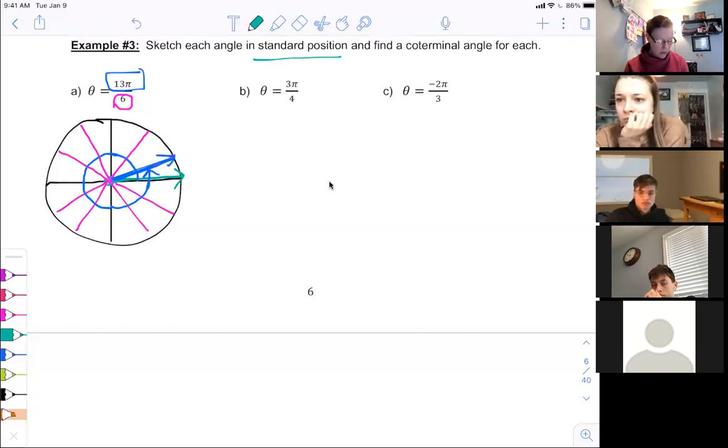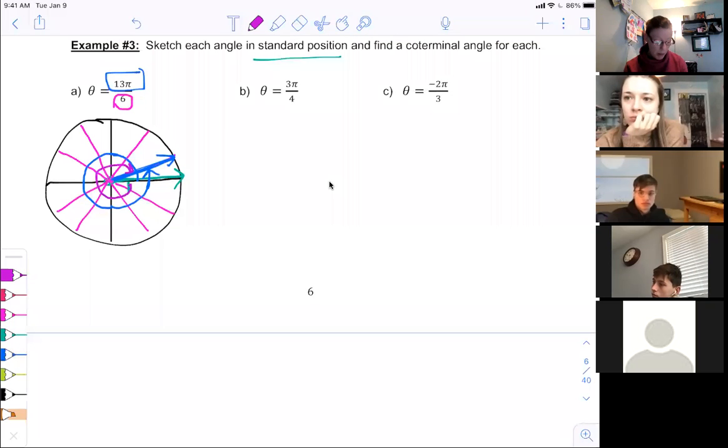So my angle could begin, let's go with purple, and end in the same location, but have the opposite rotation. And if you count the pieces of the pie, since you have it drawn, that would be your coterminal angle.